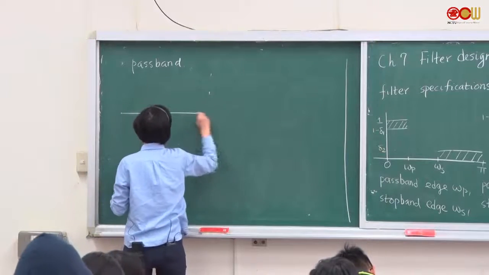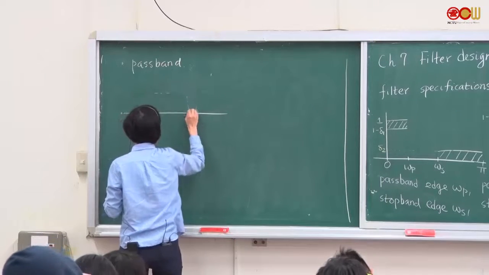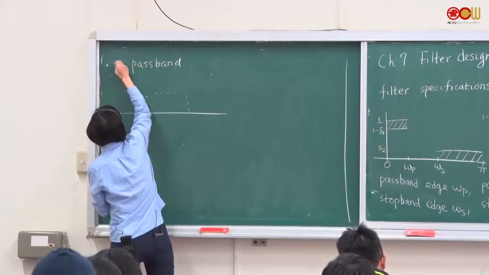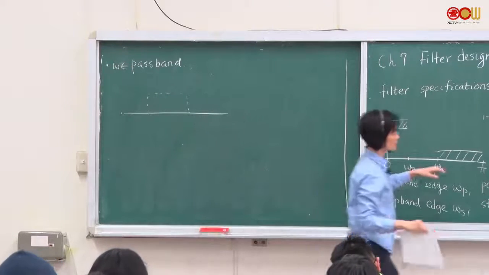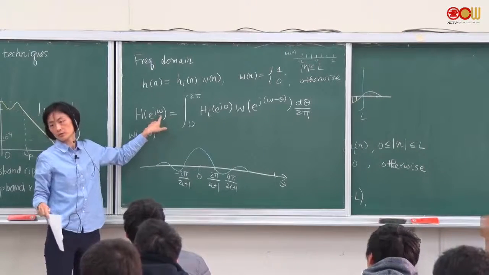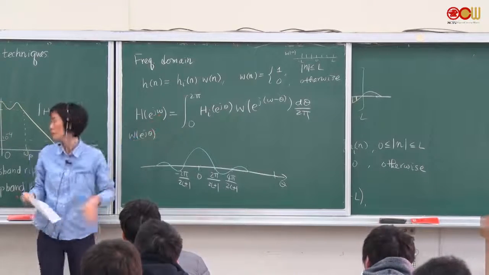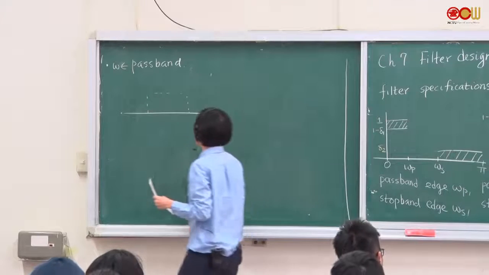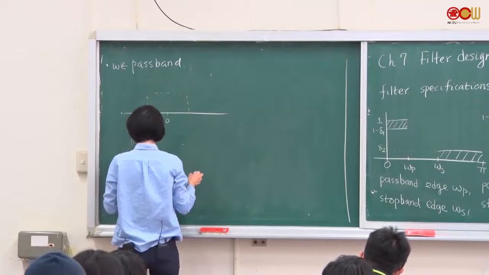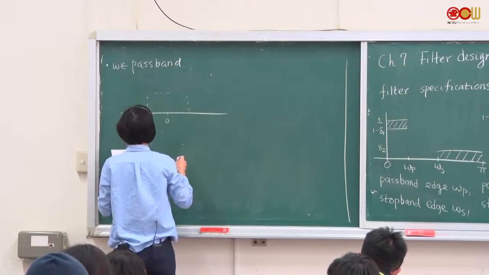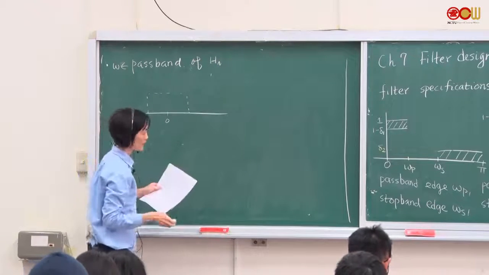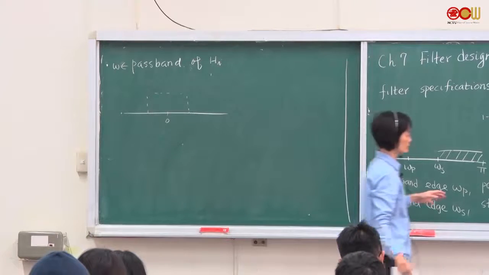So let's first consider ω in the passband of H_i. When ω is in the passband of H_i, what do we do?